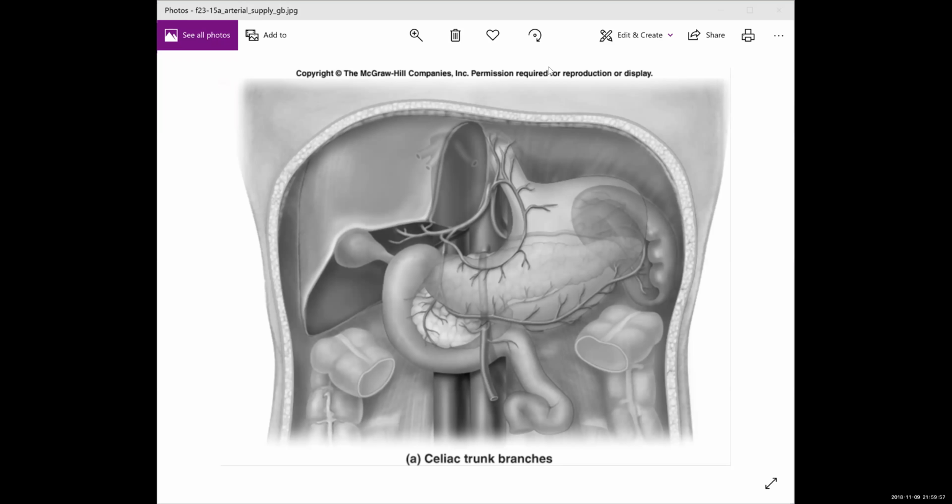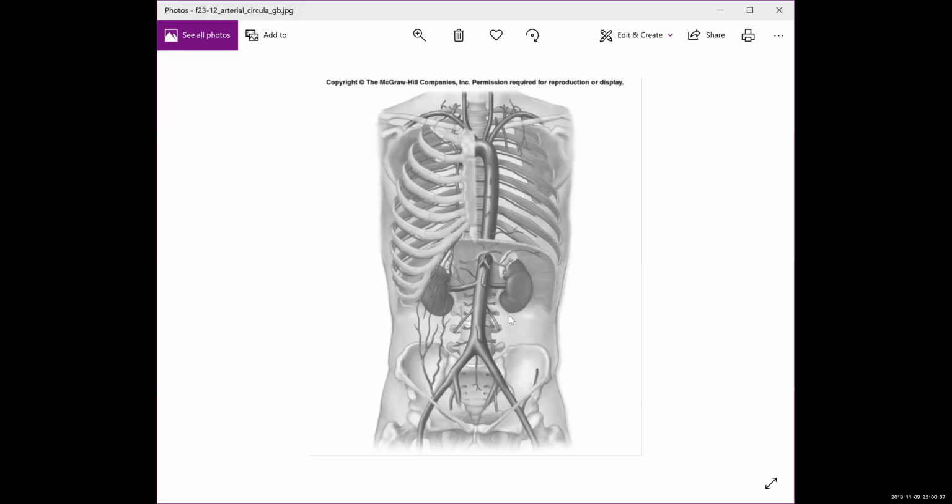Okay. Let's see what's next. Okay. Name this vessel. Right subclavian artery. Name this vessel.